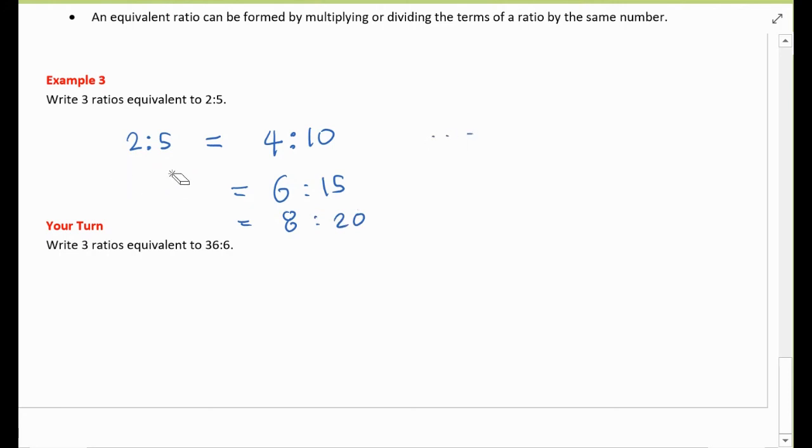Or you can even multiply both numbers by 10, and that becomes 20 to 50. And you can even multiply by bigger numbers like 100 or 1,000. So you can find infinitely many equivalent ratios by multiplying numbers to this ratio, right?